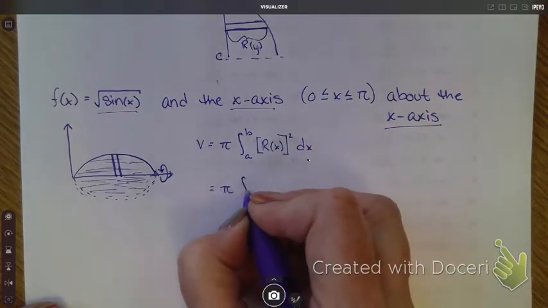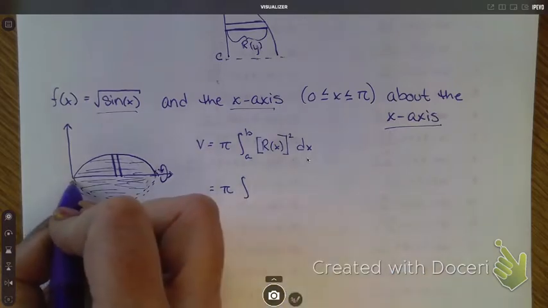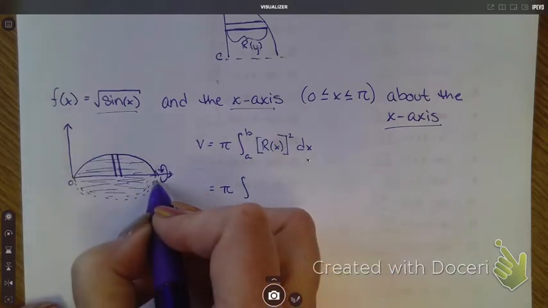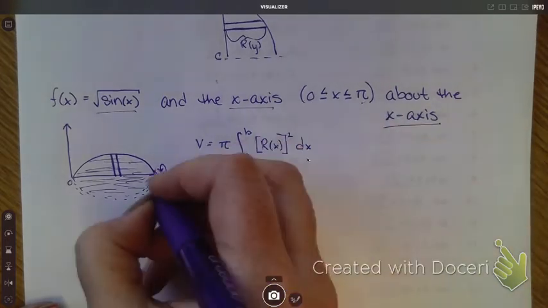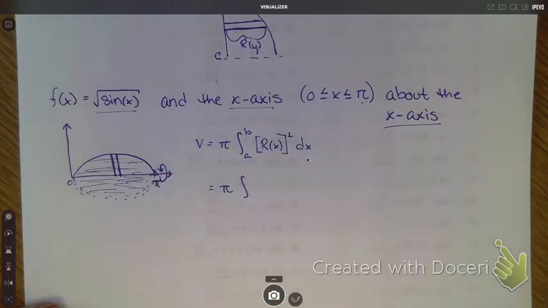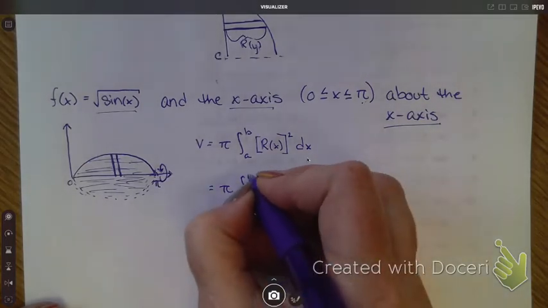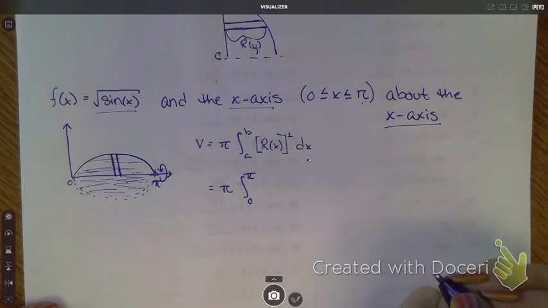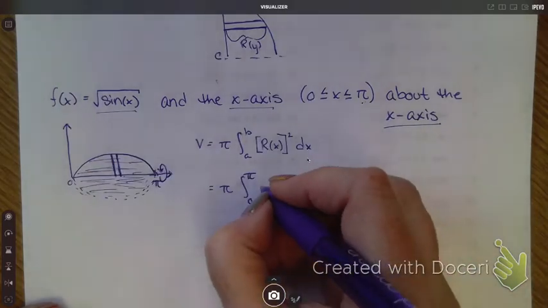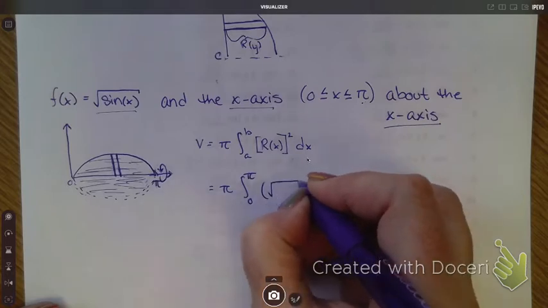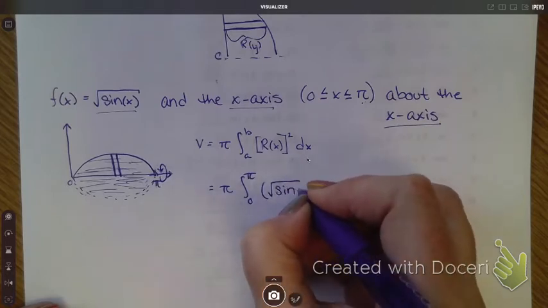What's our a? 0. And what's our b? Pi. So 0 to pi. And our r of x is our function, so the square root of sine of x.